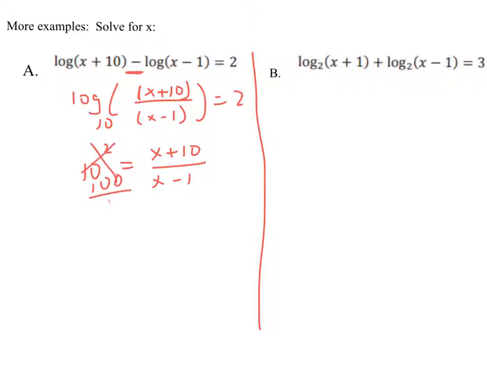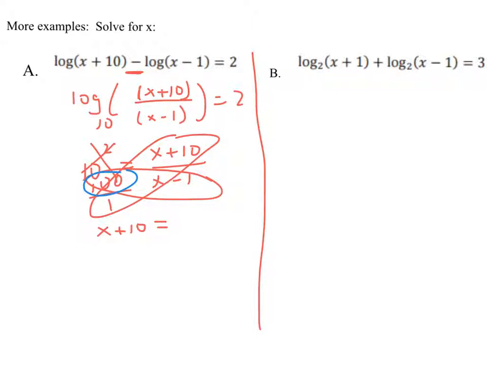And if I put it over 1, I've got a proportion, so you can cross multiply. So you will have x plus 10 times 1, so that's x plus 10, equals the 100 times the x minus 1, so that will give you 100x minus 100. So you got to distribute 100 on both.